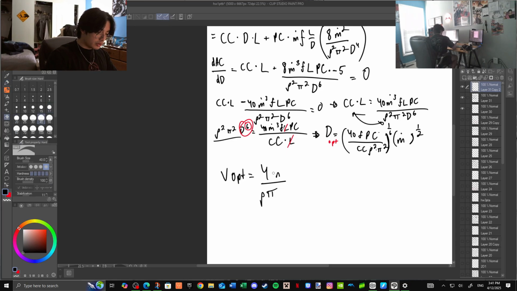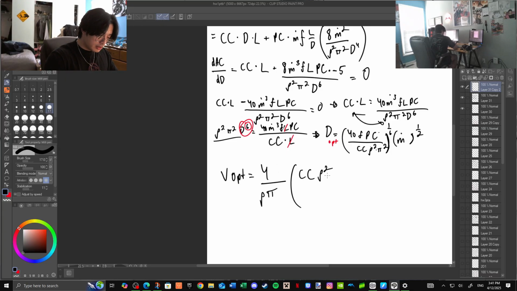So we can just get rid of the mass flow rates, because of course they cancel. This one, we will multiply the 1/6 by 2. This part of the equation will be to the 1/3 now. Now since this is in the diameter, we can actually flip the diameter in the numerator, and this right here will be the expression for the optimal velocity.